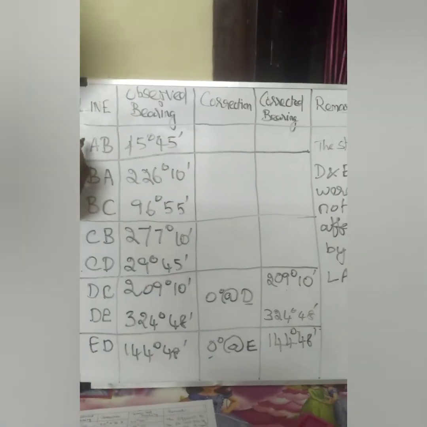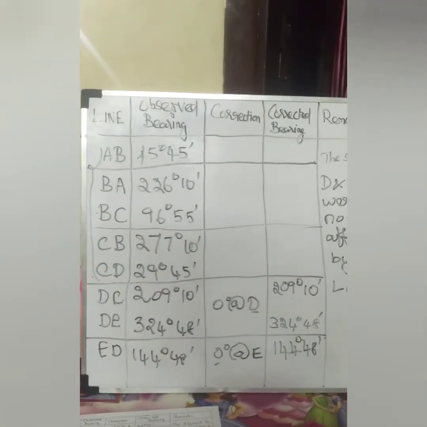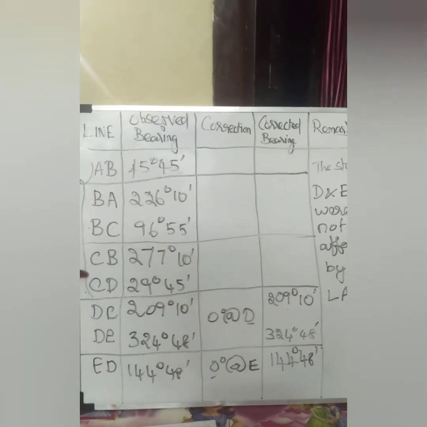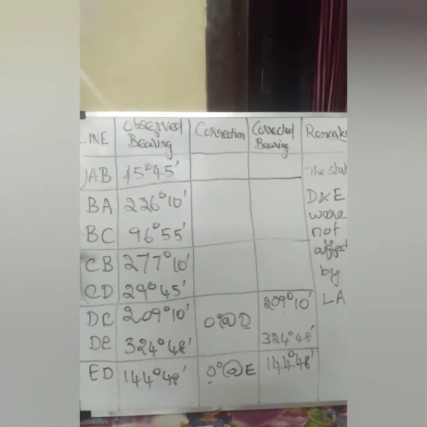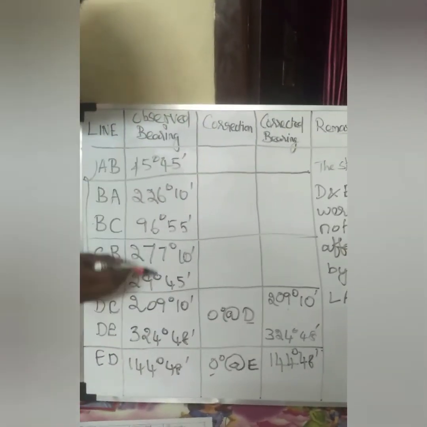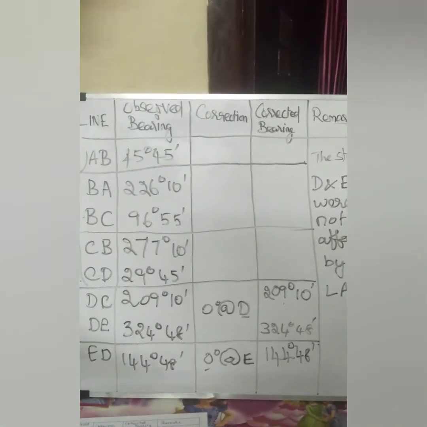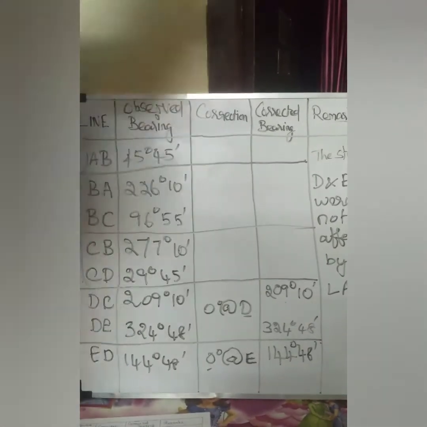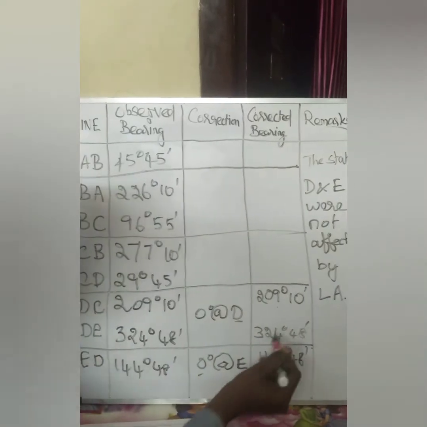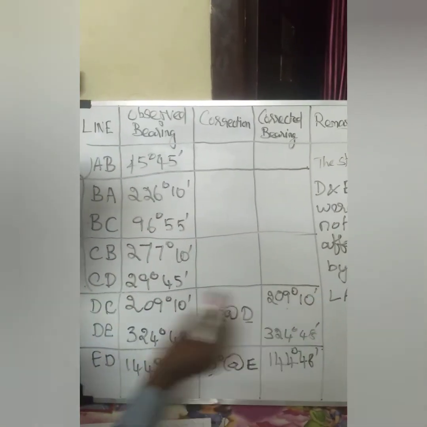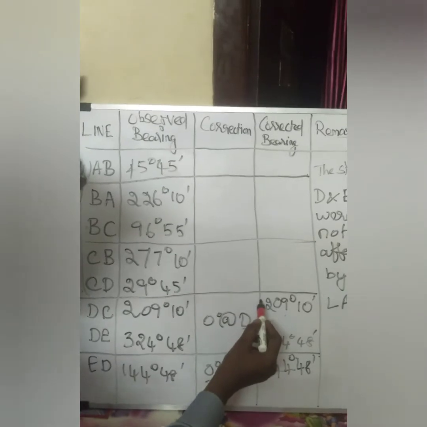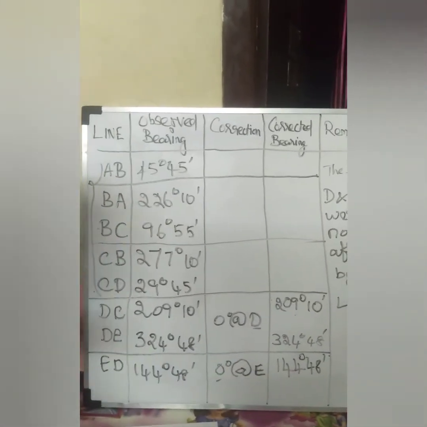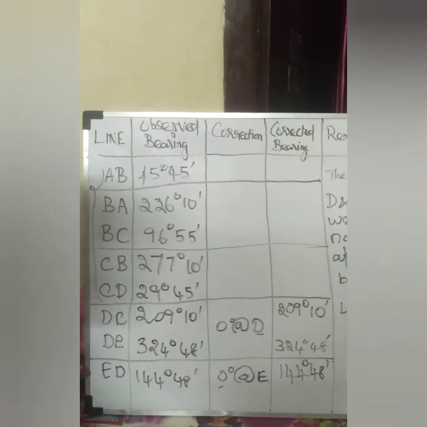But already we know stations A, B and C are affected by local attraction, so the observed bearings of these stations were not corrected because they are affected by local attraction error. So we can find the corrected bearing of these lines by using the corrected bearings of the lines observed from D and E.